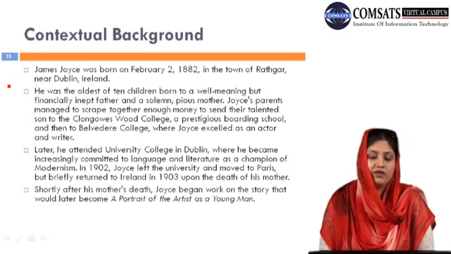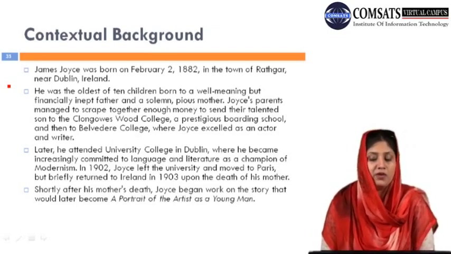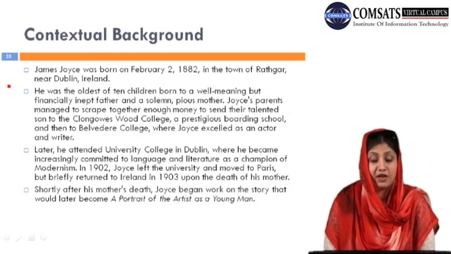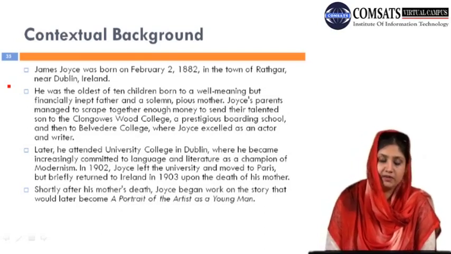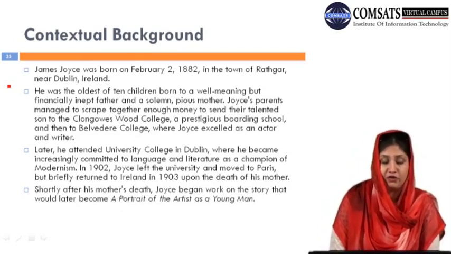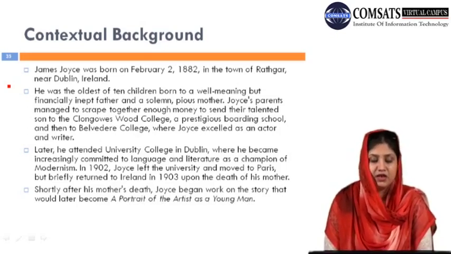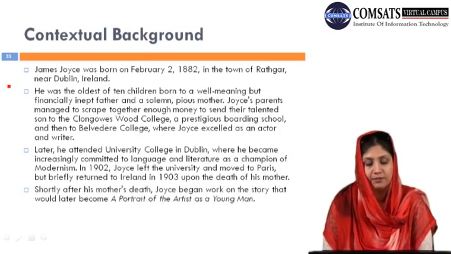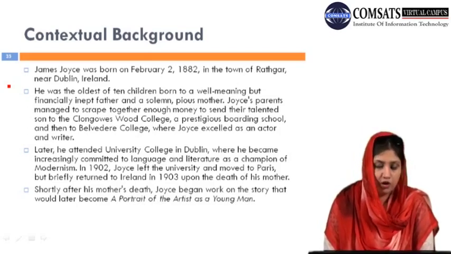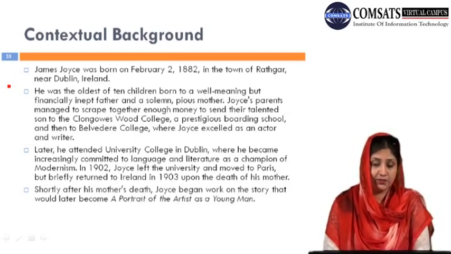He was the oldest of 10 children, as I just shared with you, born to a well-meaning but financially inept father and a pious mother. Joyce's parents managed to scrape together enough money to send their talented son to Clongowes, a prestigious boarding school, and then to a college where Joyce excelled as an actor and writer.